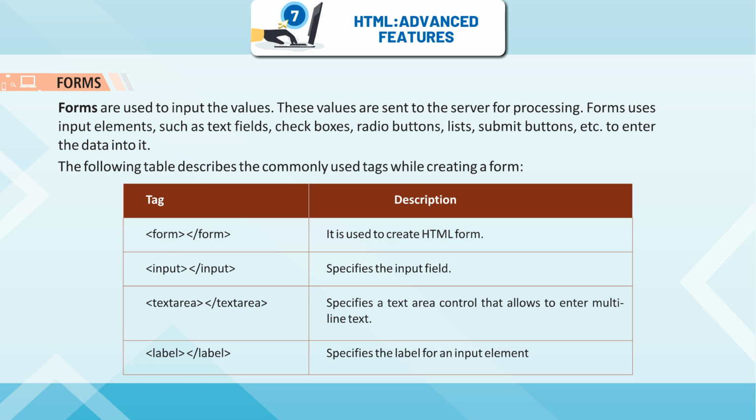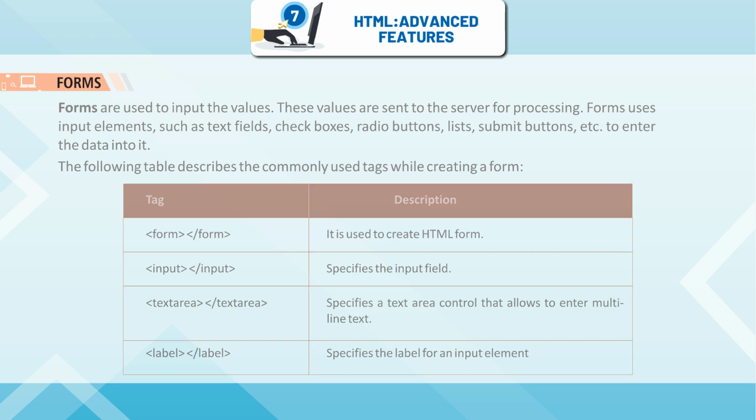Open form tag, close form tag. It is used to create an HTML form. Open input tag, close input tag specifies the input field. Open textarea, close textarea specifies a text area control that allows entering multi-line text. Open label tag, close label tag specifies the label for an input element.